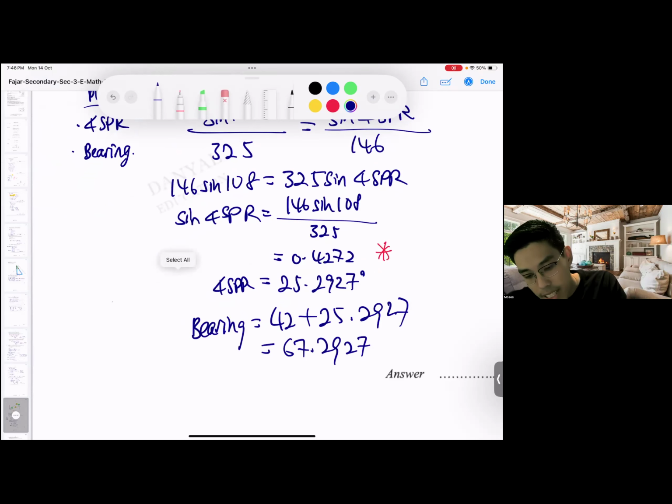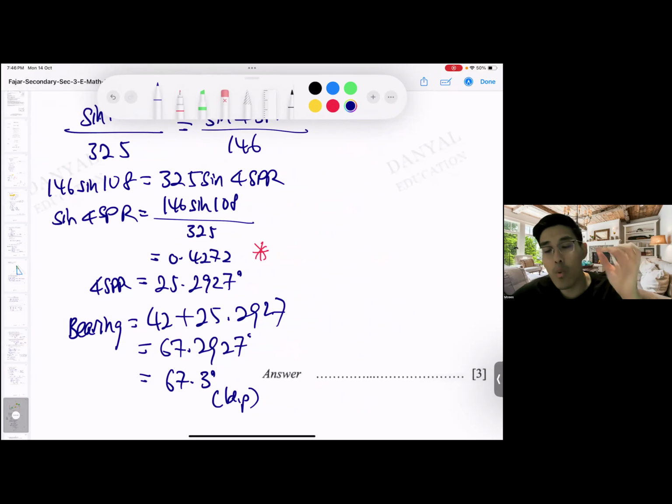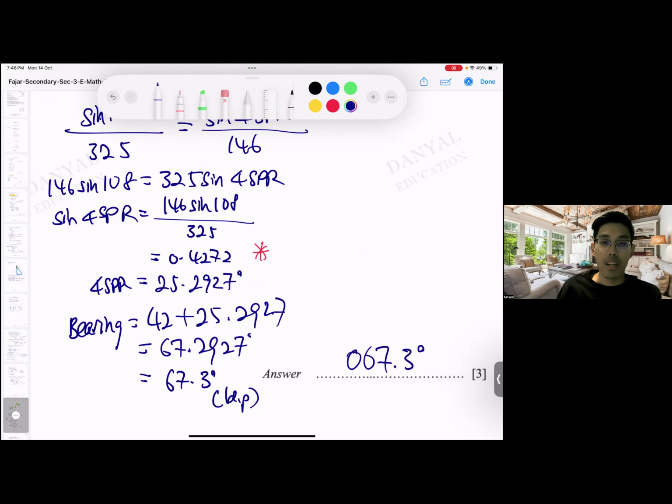I want to write this as my answer. Then I go and do my rounding, which is 67.3 to 1 dp. Because it's a bearing question, it's important to write 067.3 degrees. Perfect answer.